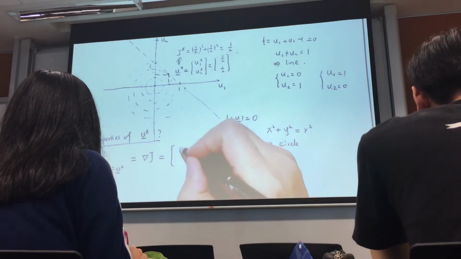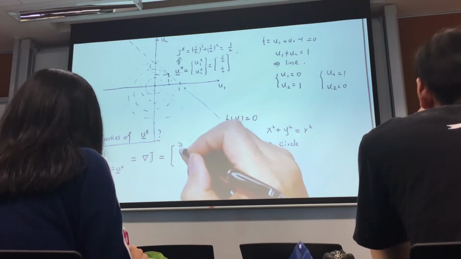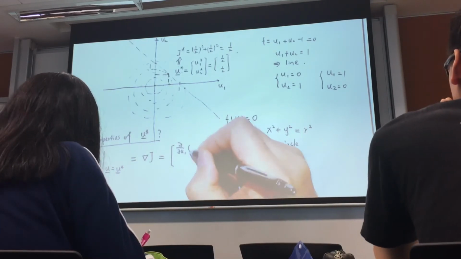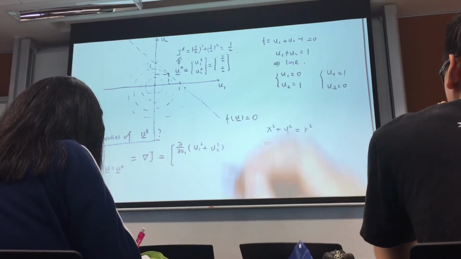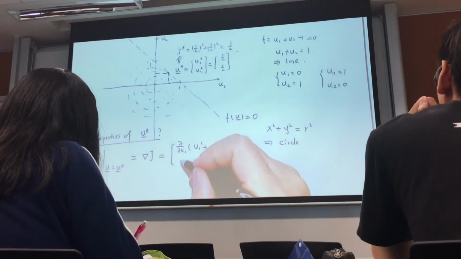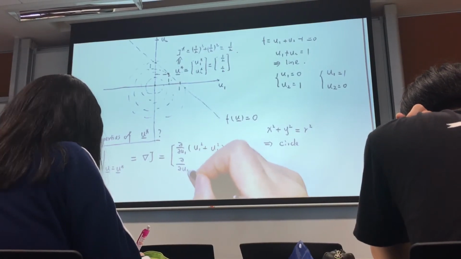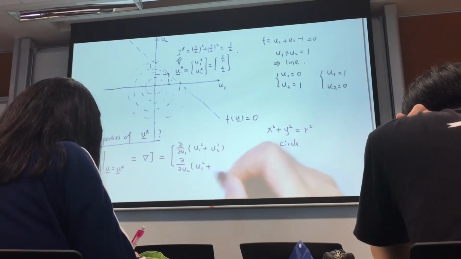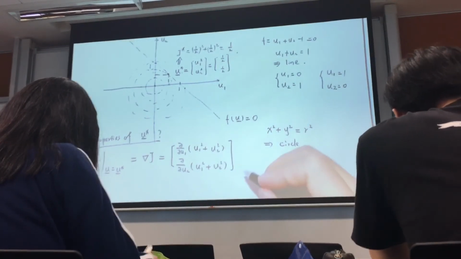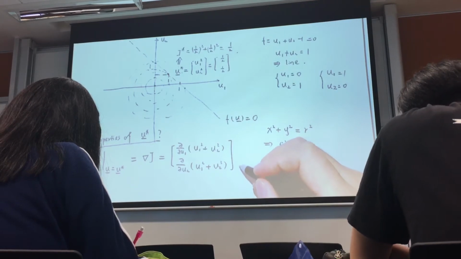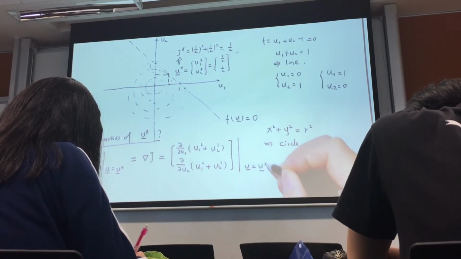We have this to be the derivative of u1 squared plus u2 squared with respect to u, evaluated at u equal to u star.